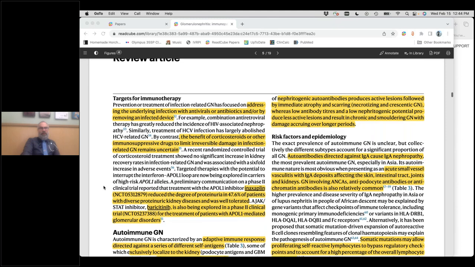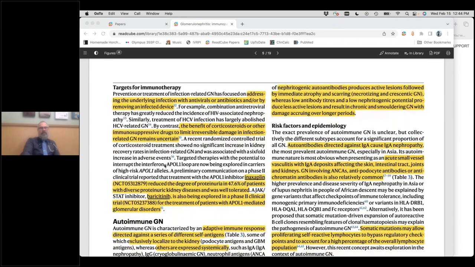And they talk about some therapies specifically where interferons are binding to and targeting the APOL1 antigen and being a major pathway of the glomerulonephritis. These drugs, inaxaplin and baricitinib, are still being evaluated in clinical trials.